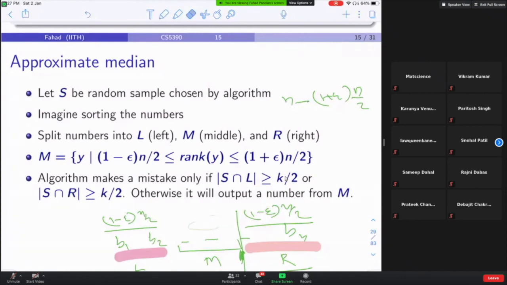So here is the statement. Listen carefully. Suppose your sample does not contain more than k by 2 elements from L and does not contain more than k by 2 elements from the right R, then the median of your sample will be from M. Is the statement clear?